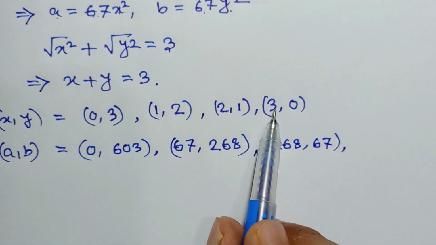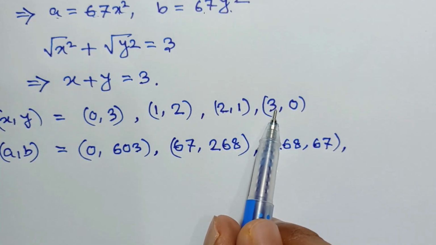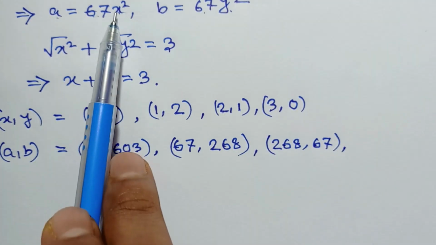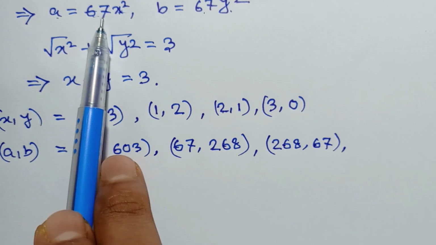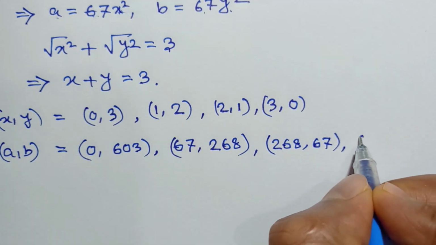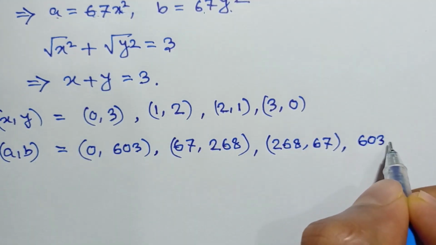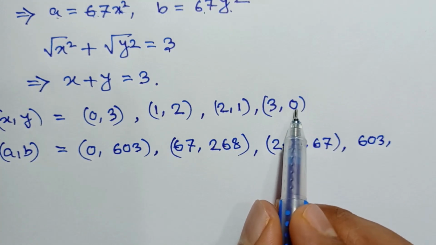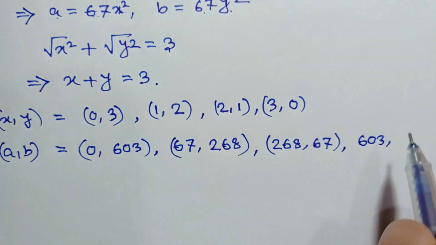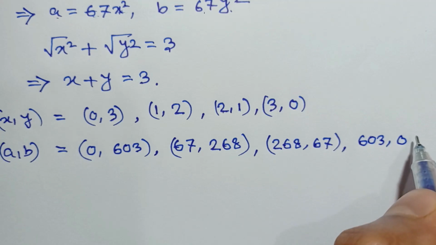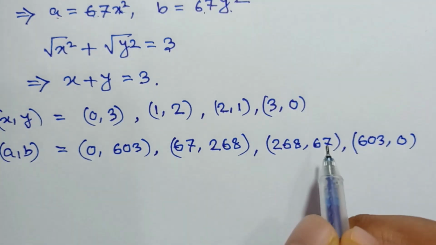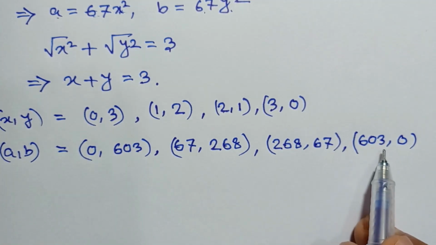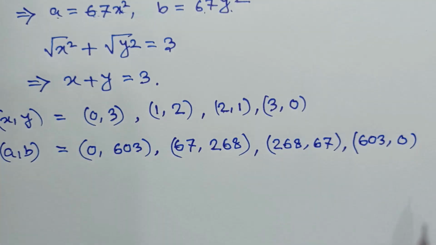When x is equal to 3, then 3 square is equal to 9 times 67, which is equal to 603, and when y is equal to 0, then b is equal to 0. So these are the values of a and b.